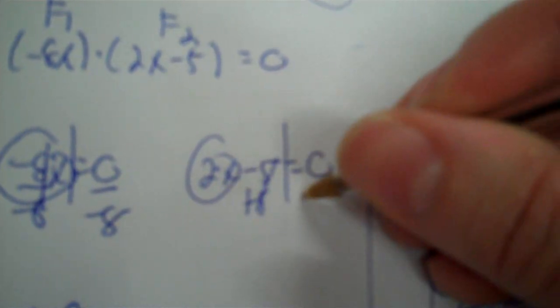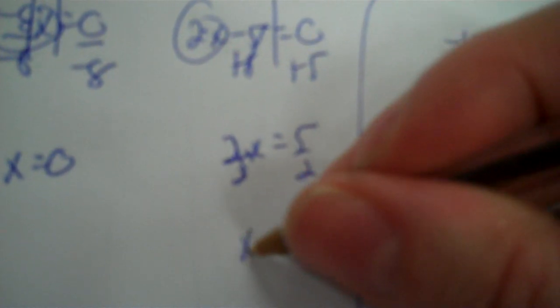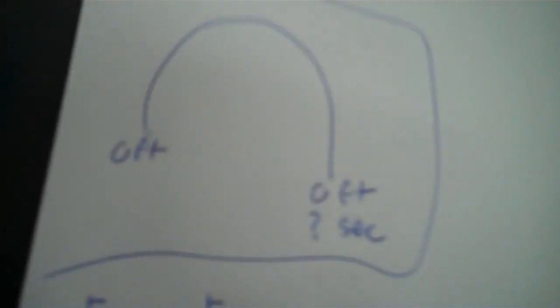So I'll divide by negative 8 here. That takes me to 0. And over here I have 2x minus 5, so I will add 5. That takes me to positive 5. Then I divide by 2, and that is 2.5. Now 2.5 is a legit answer. So 0 feet to 0 feet takes 2.5 seconds.